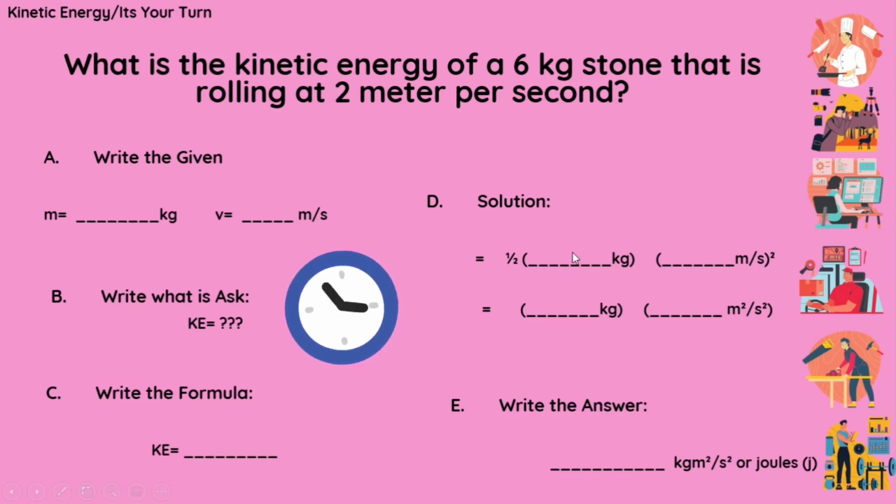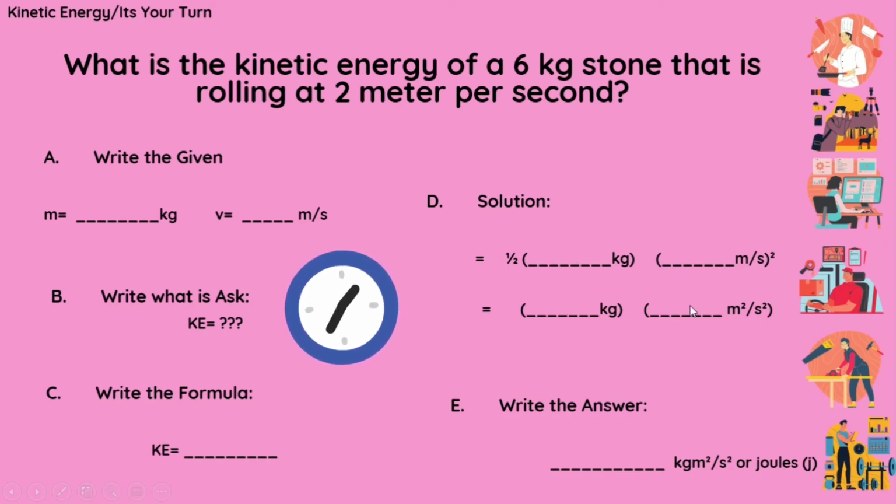Punta dito. Then, for the velocity, and then, for this part, 1/2 of your given mass, you write it here.